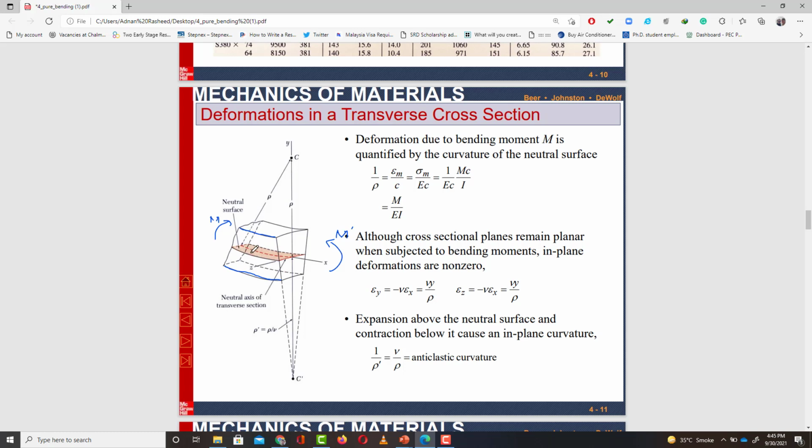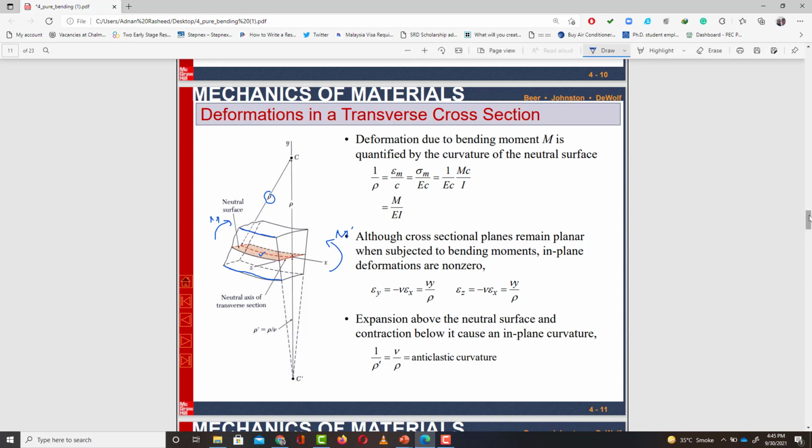Above the neutral axis the upper surface contracts, the length is decreasing, while below the neutral plane the length is going to increase. So there is a radius of curvature, and we discussed this in the above slide.